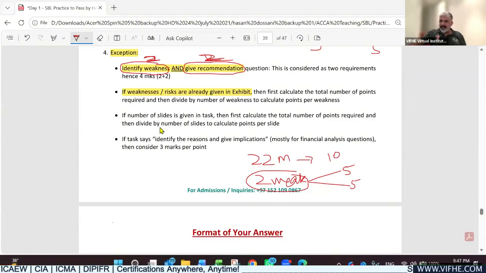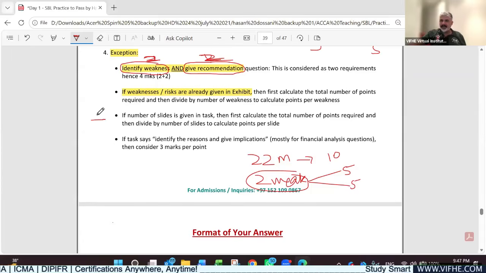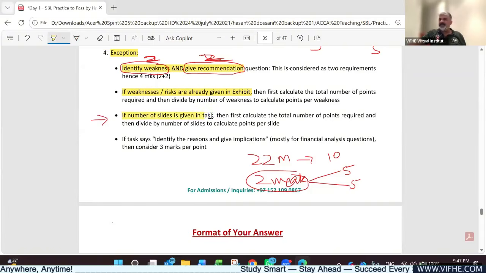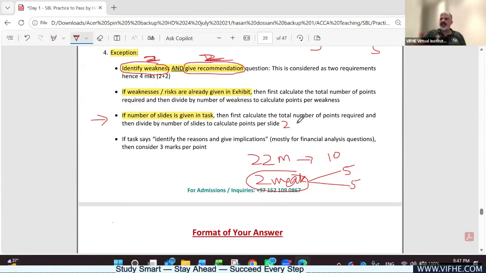Okay. You will understand from here as well. Let's do this one. If the number of slides is given in the task, let's say the examiner is saying prepare 2 presentation slides, and the total marks is 22. What will you do?